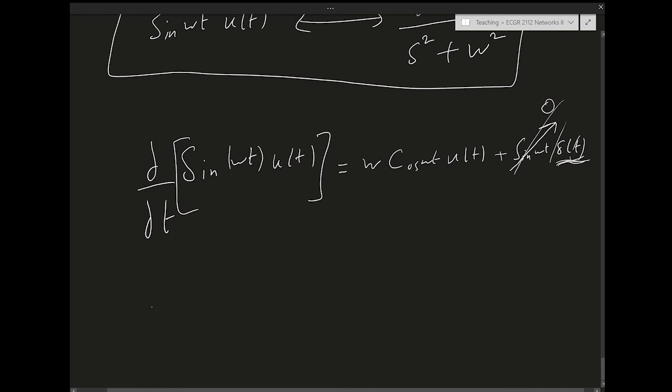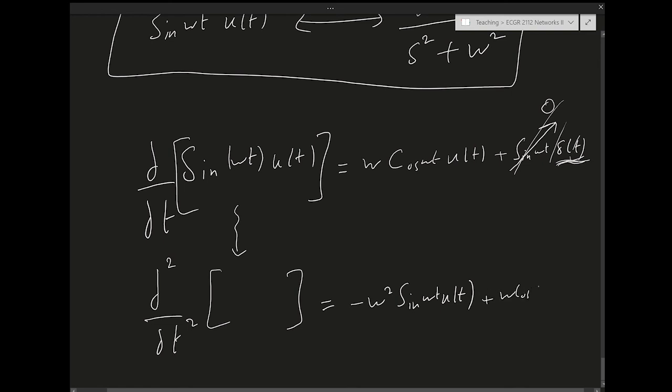I take this and find the second derivative. Differentiating this again, cosine goes to minus sine, so I end up with minus omega squared sine omega t u of t, and then using the product rule, plus omega cosine omega t delta t. Again, the value of this function only matters at t equals 0.